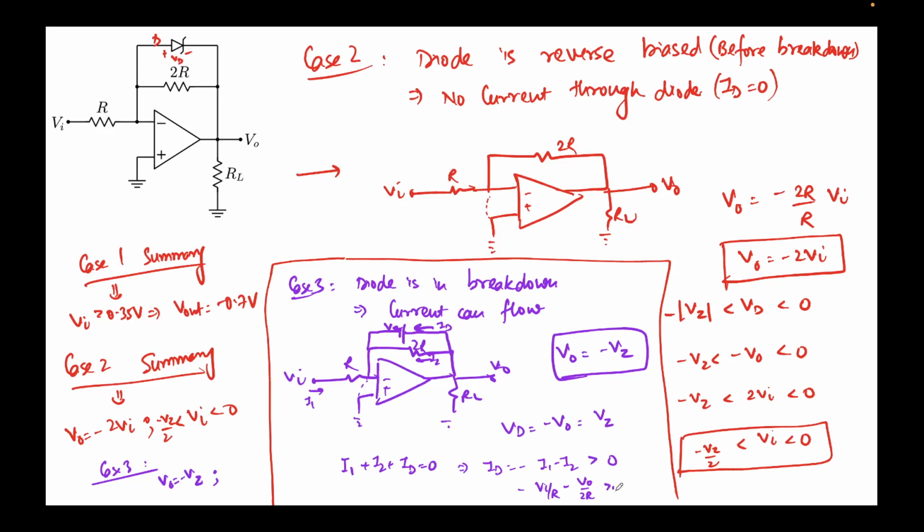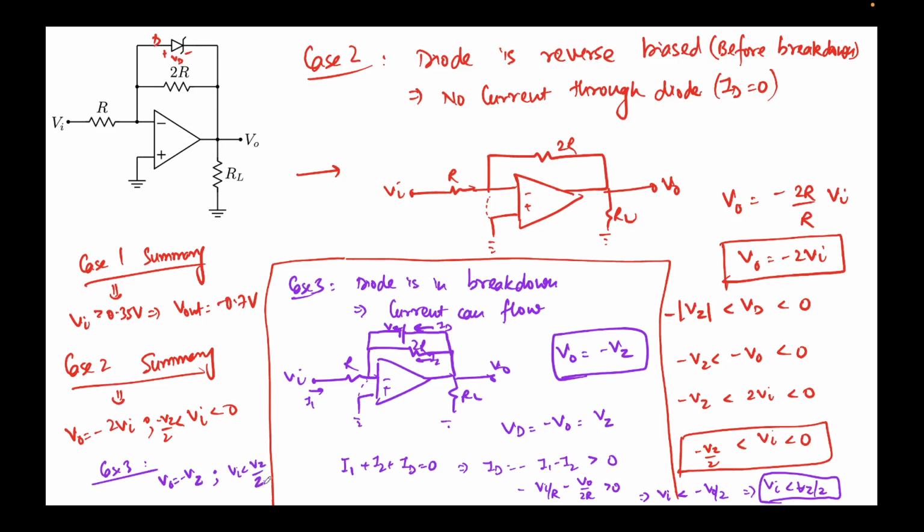This entity should be positive, and if you solve it further, you can clearly see that Vi must be less than minus V naught by 2. This implies Vi must be less than, with V naught being minus Vz, minus V naught by 2, so Vi must be less than Vz by 2. This we put here.